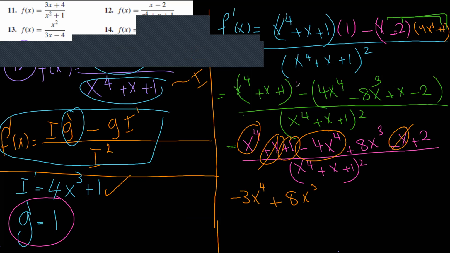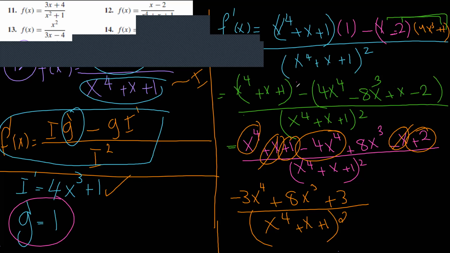And plus 4 plus 2 is plus 3. Over x raised to the power 4 plus x plus 1 squared. This is the final answer, or the derivative of the function x minus 2 divided by x to the power 4 plus x plus 1.